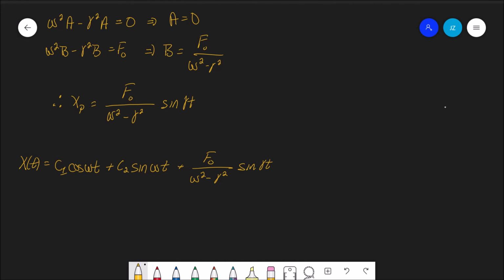We're going to need the first derivative of this, so we get negative C1 omega sine omega t plus C2 omega cosine omega t plus F naught gamma over omega squared minus gamma squared cosine of gamma t.